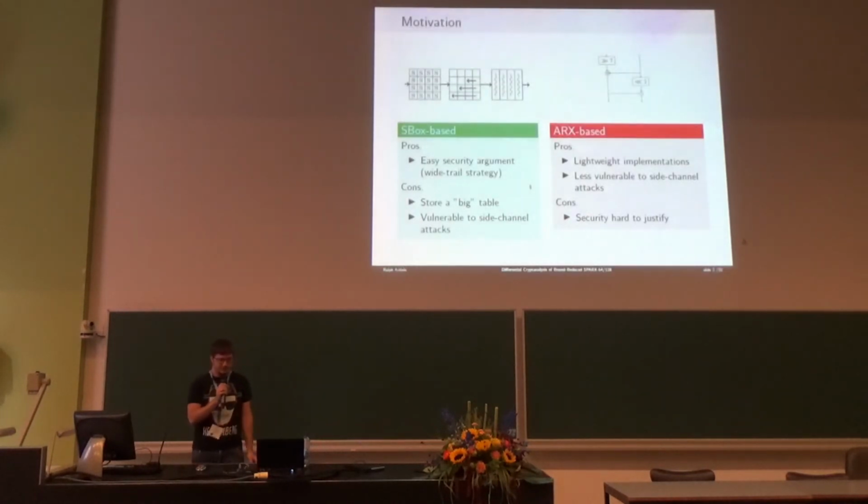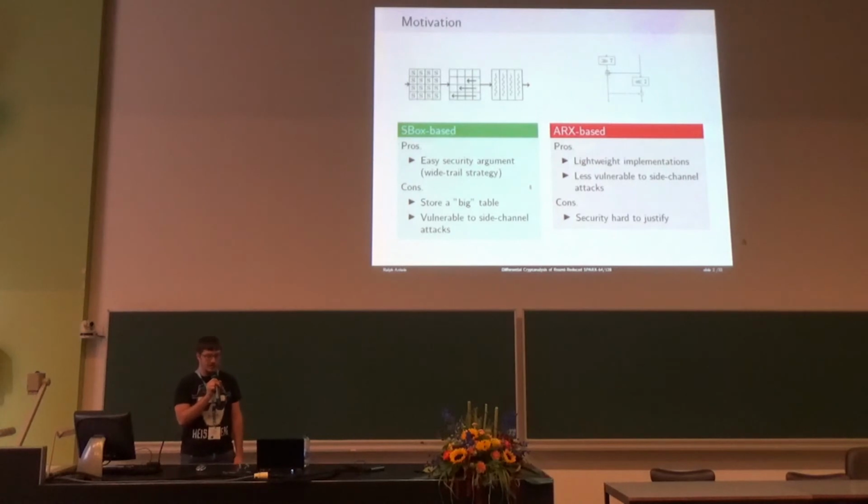So let's start. As a motivation, if we look at S-box-based ciphers, they have an easy security argument due to the wide trail strategy. But there are also some bad things about it. You normally have to store them as a big table when you implement them, and they are also vulnerable to side-channel attacks.